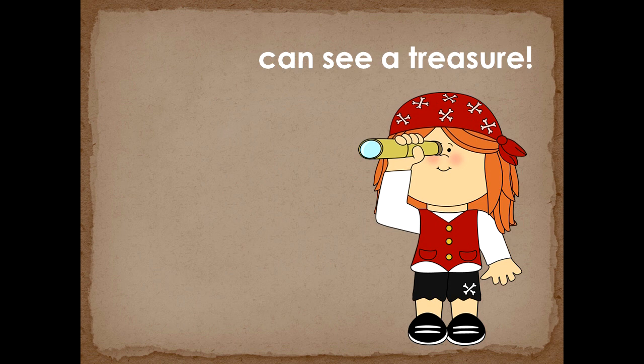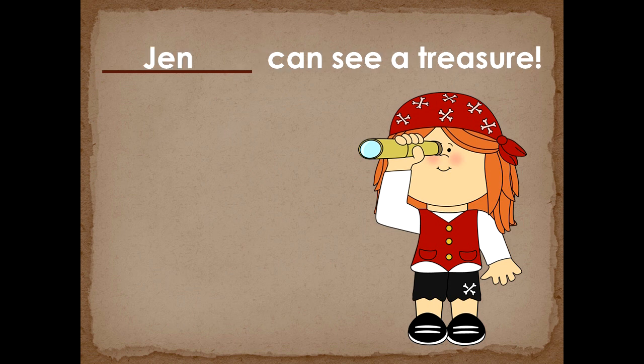Can see a treasure. Is that a good sentence? Nay. No, it's not, is it? It is missing a subject. We need to know who can see a treasure in order for this sentence to make sense. Well, I wonder what this pirate's name is. Jen. Jen can see a treasure.